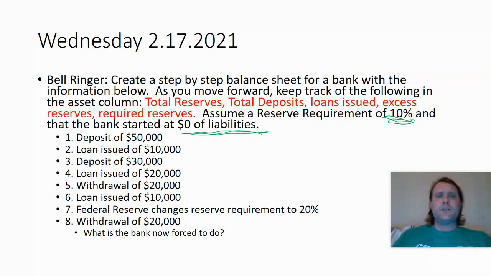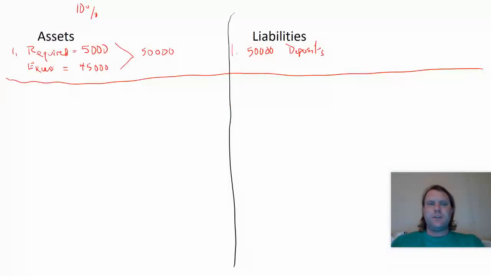We've got a loan issued at $10,000. Now we don't see anything about deposits. We've got total deposits still at 50,000. We can keep track of that. I'm going to abbreviate with the DEP. We know that if our deposits are at 50,000, our required equals 5,000.